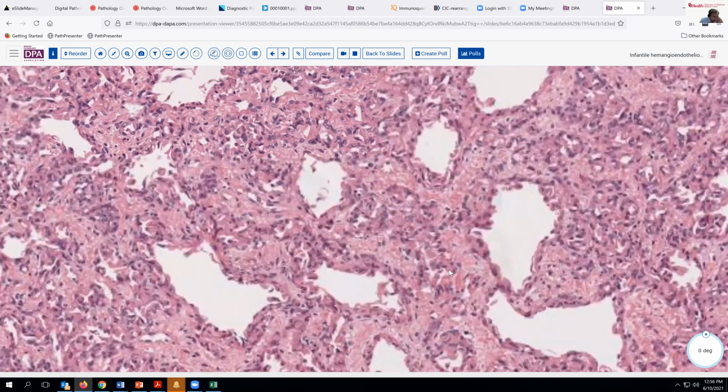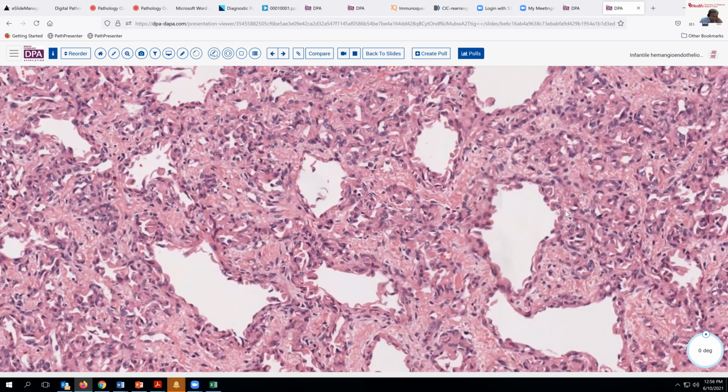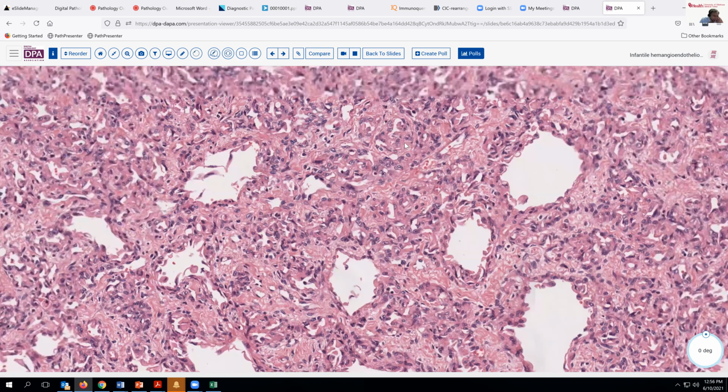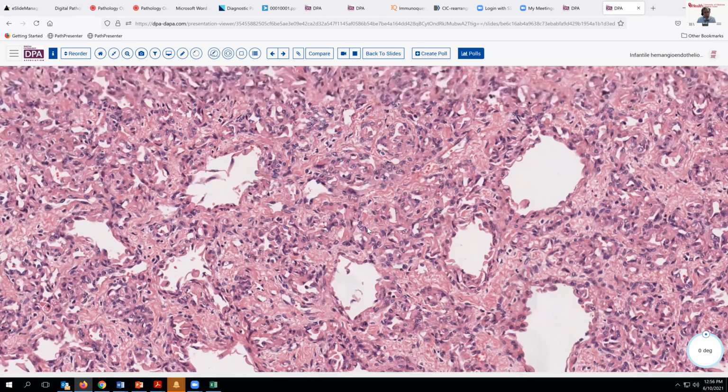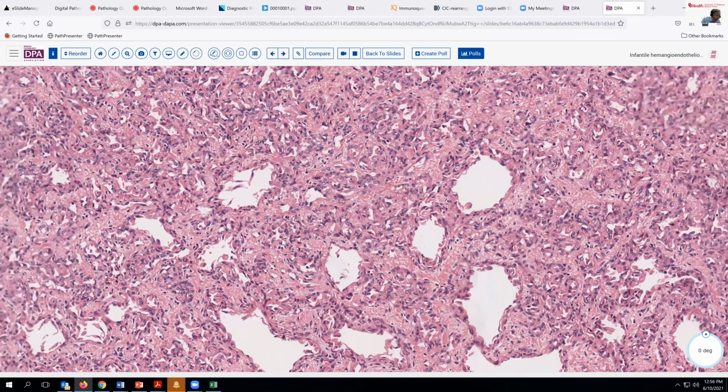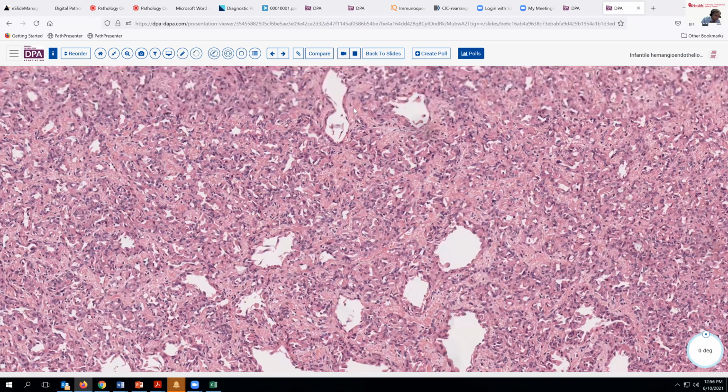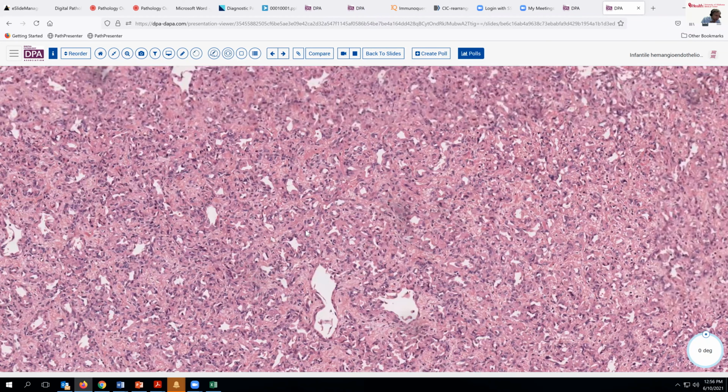The endothelial cells look fairly bland. This is a nice chance to be a hero and make a huge difference in this child's life, rather than calling this an angiosarcoma. This is an infantile hemangioendothelioma, which is a benign lesion.